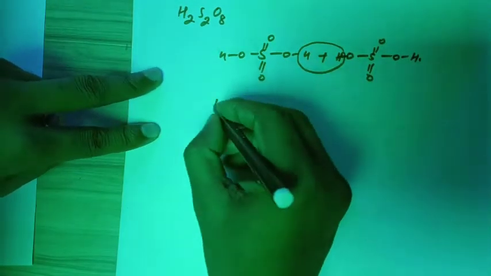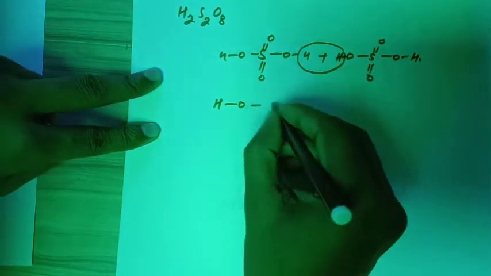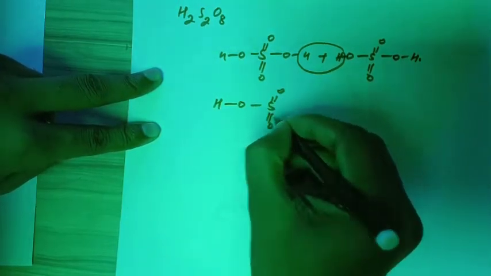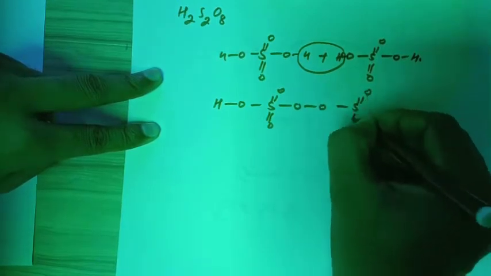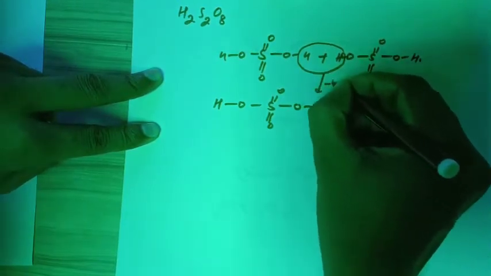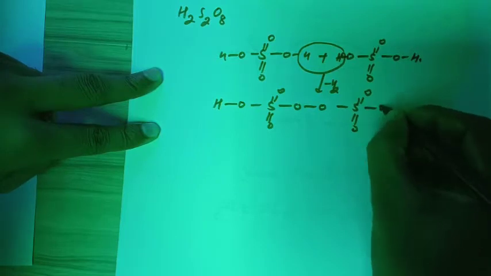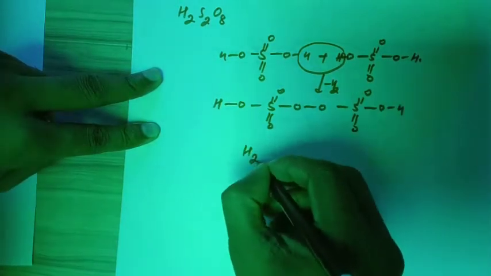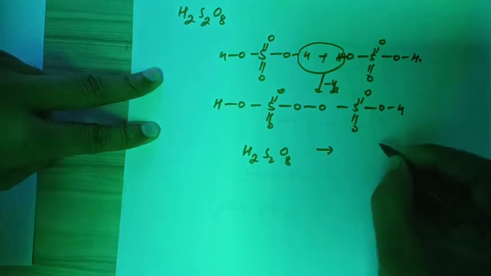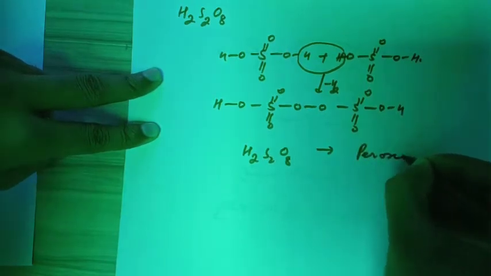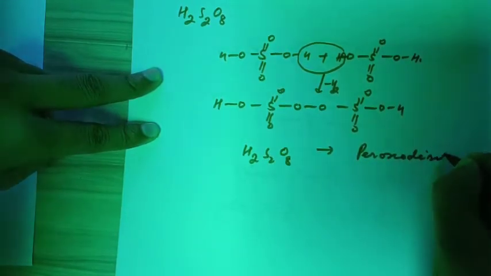So it will be HO, S double bond O, O, S double bond O. When minus H2 is taken out, so it will be H2S2O8. This is also known as peroxodisulfuric acid.